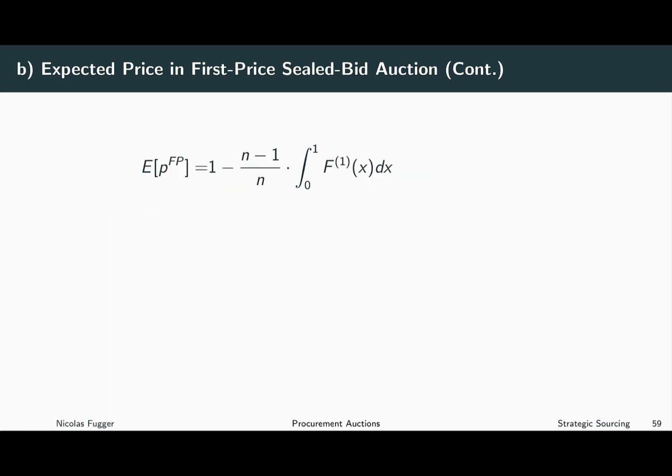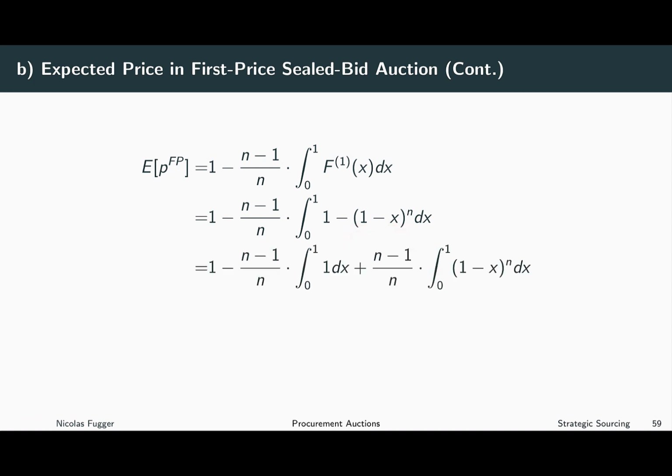Now we want to further simplify this expression. We can replace the probability that the lowest cost is smaller than x by 1 minus the probability that all suppliers have costs larger than x. And of course, what we also use at this point is that we have a uniform distribution between 0 and 1. What we can do next is we again split this integral in two parts.